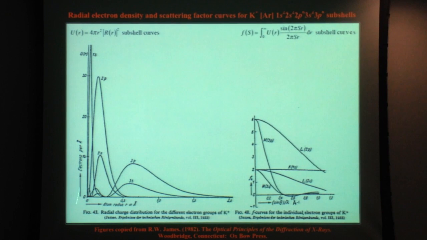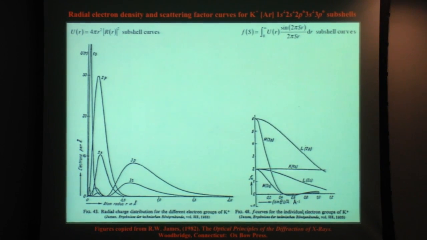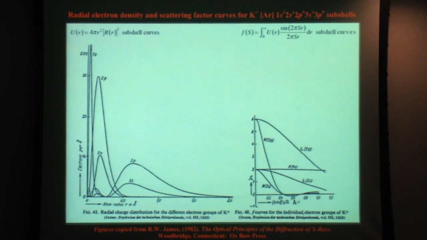But that one that's very near the nucleus gives this scattering factor curve that hardly falls off over the range we're considering here. Okay? And if we look then at these 3s and 3p orbital electron densities, we see that they fall off quite quickly, and in fact go negative and then come back again.